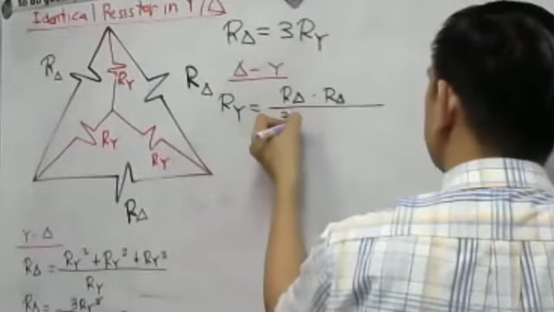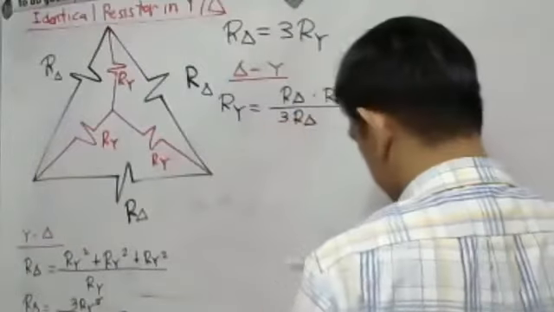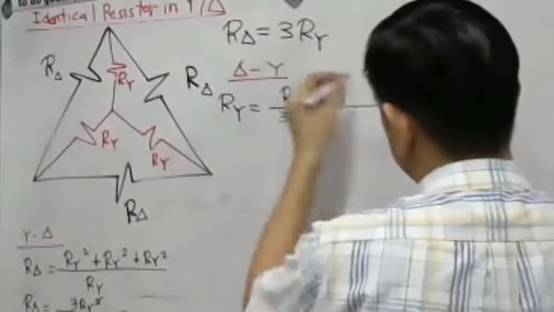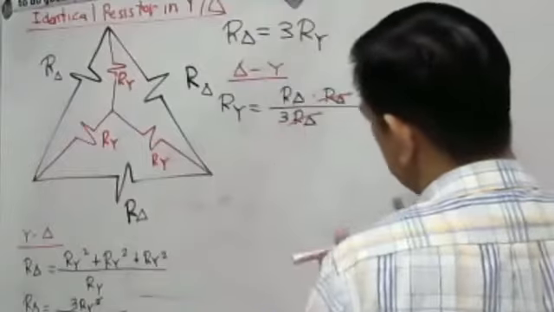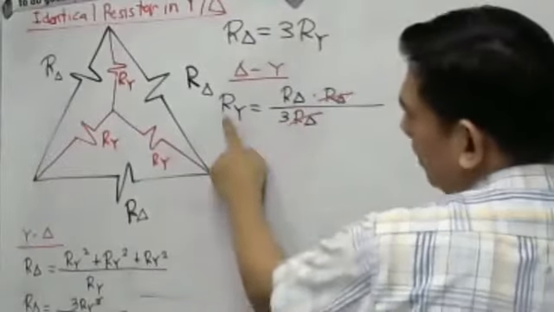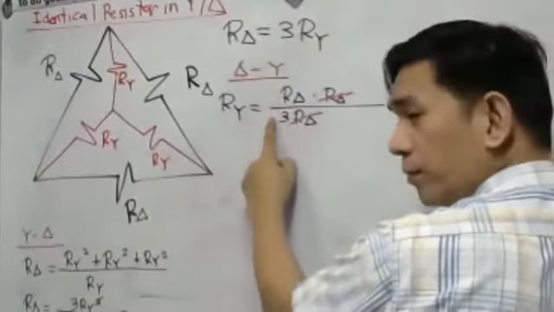So, therefore, it will be 3R delta. One R delta will cancel out, so what will be left is Ry equal to R delta over 3.